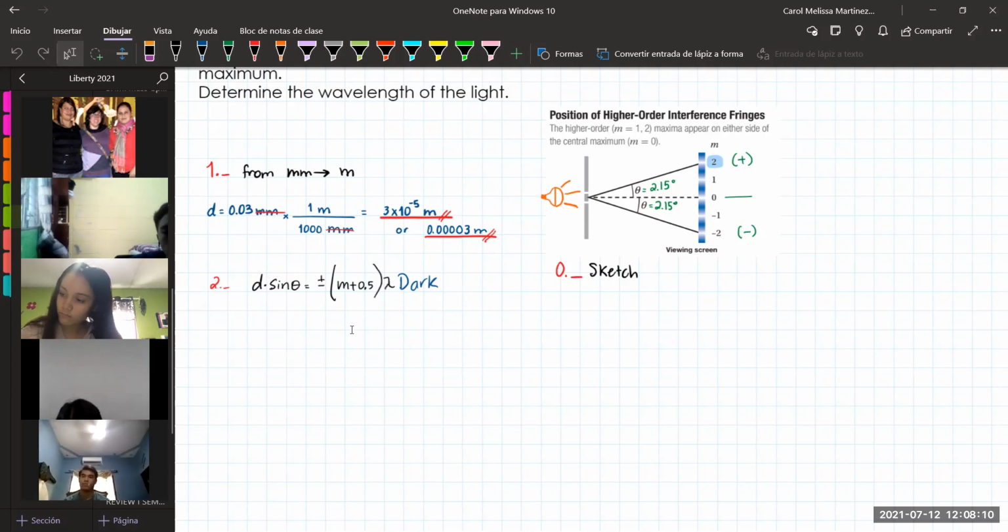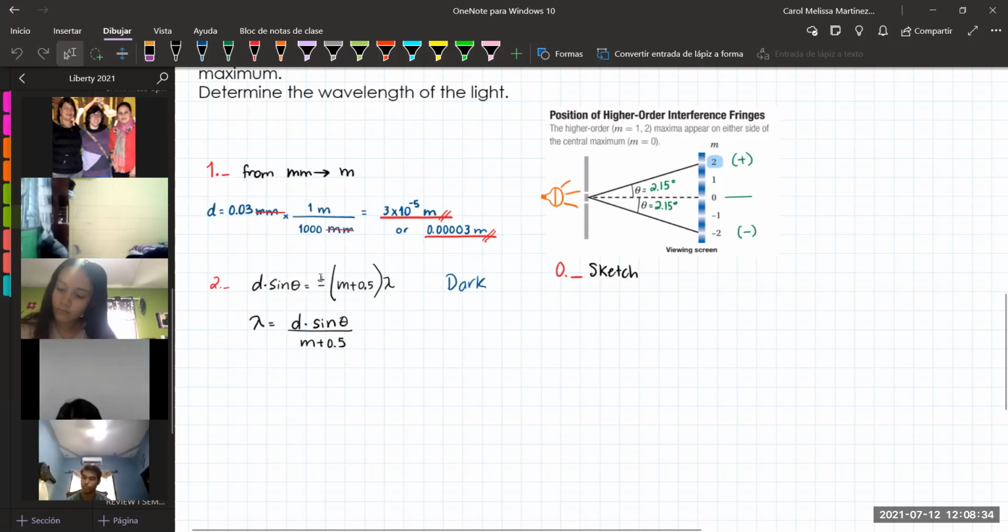That is the equation. But then all we do is isolate for wavelength, since the problem is asking me about wavelength. So wavelength is going to be equal to the sine of the angle divided by m plus 0.5. As I said before, we really don't need to put the plus and minus to find the wavelength.